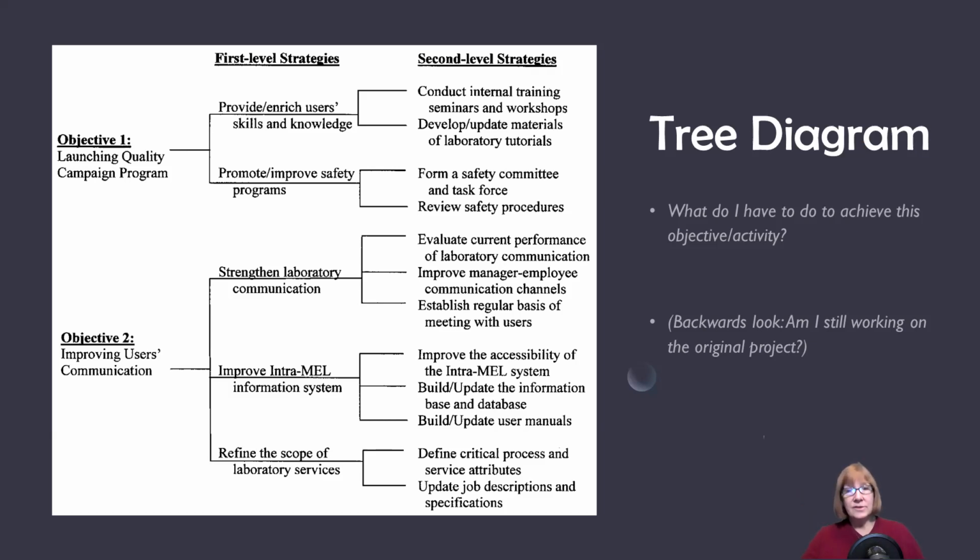And once you get down to this level, you need to take a little backwards look, because when you're brainstorming one section at a time, one level at a time, sometimes you can kind of go off on a tangent. And so you want to take a backwards look and ask yourself, am I still working on this original objective or this original project?